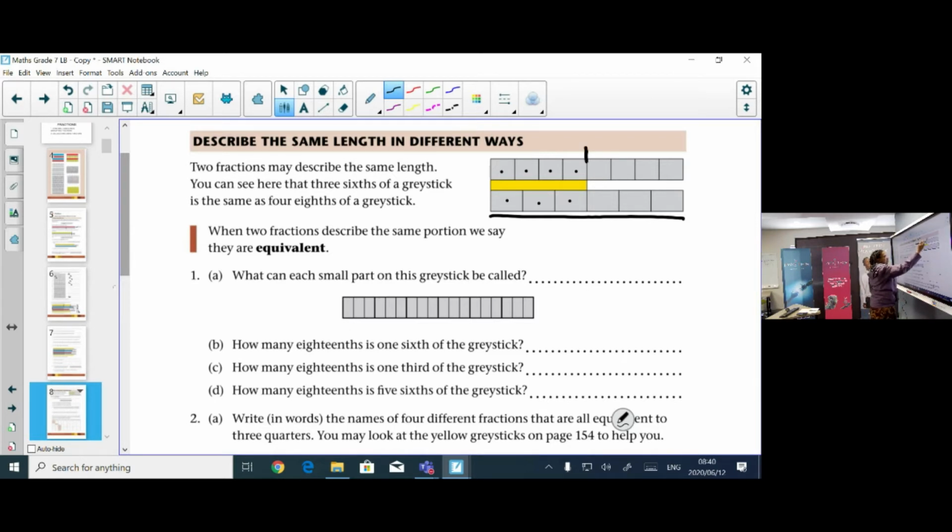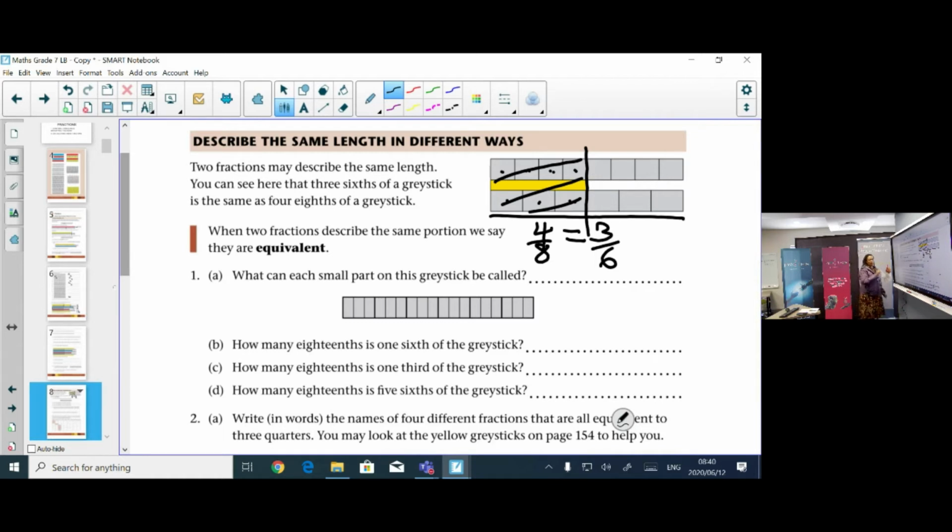If you see the line here, all of that, they are equal. So 4 out of 8 is equal to 3 out of 6.